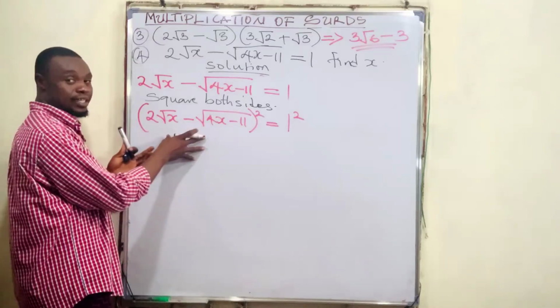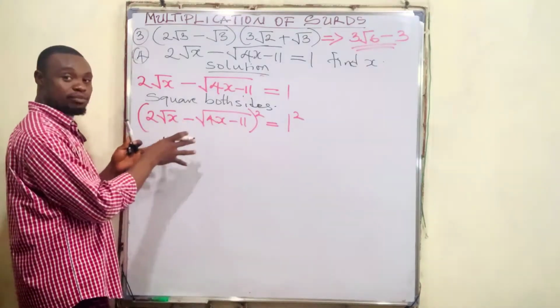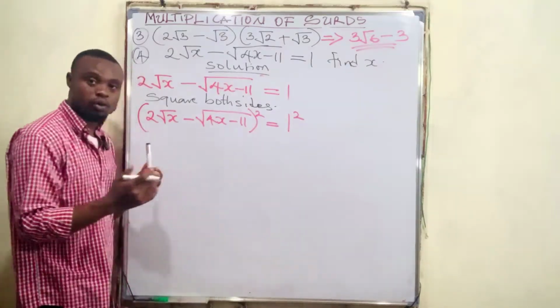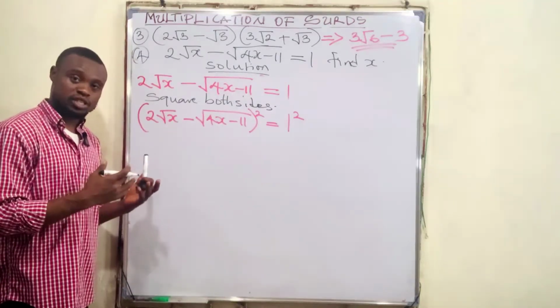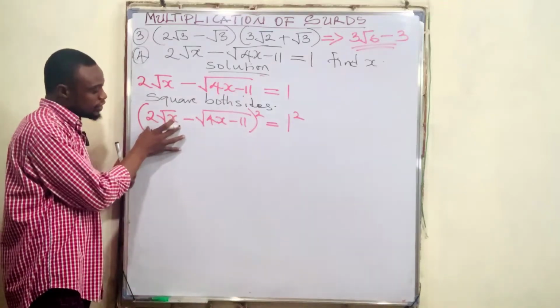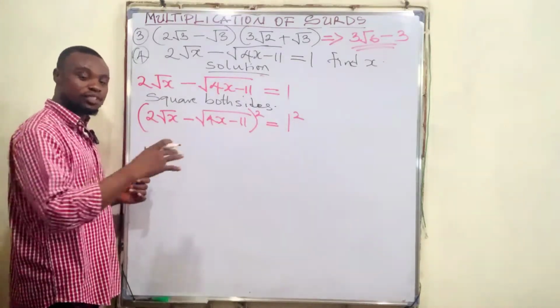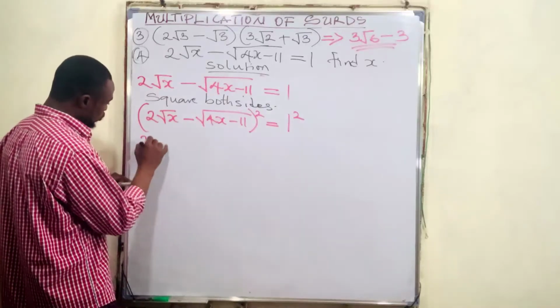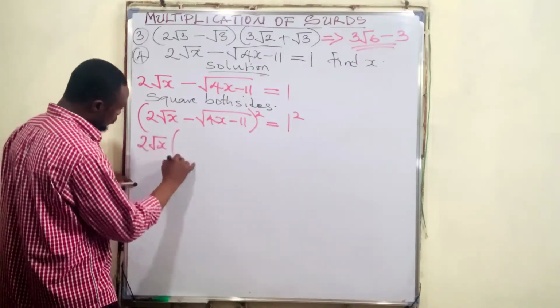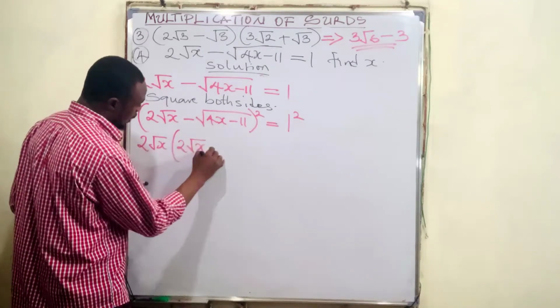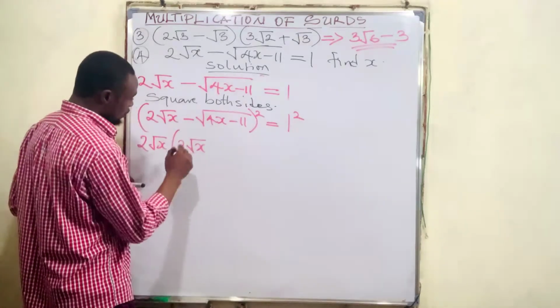So this is just like this bracket multiplying itself, right? So what we are going to do is same process. The first term here multiplies everything in the bracket, while the second term also multiplies everything in the bracket. So we have 2 root x multiplying the first bracket now. So I didn't write it because of space.